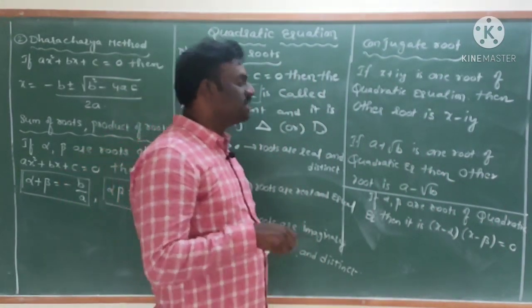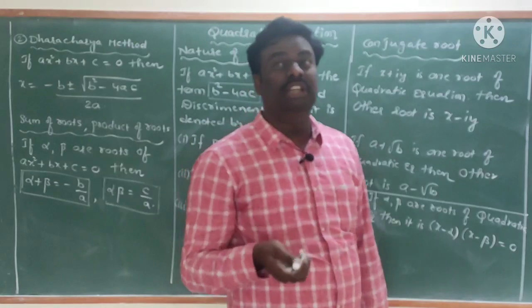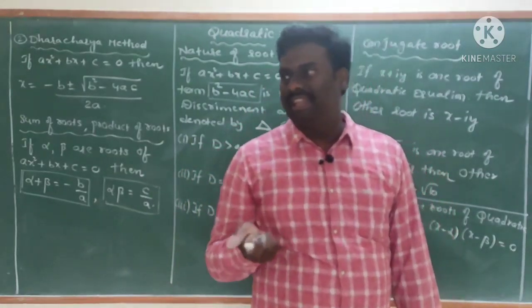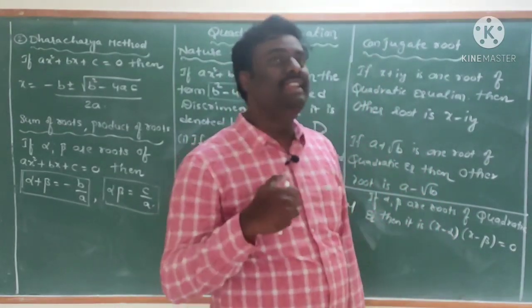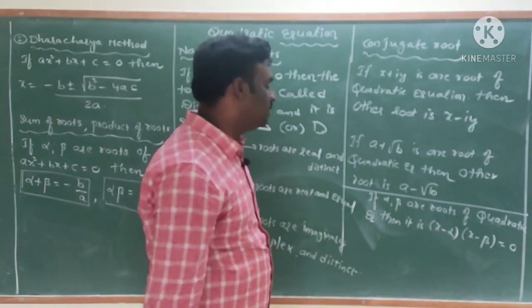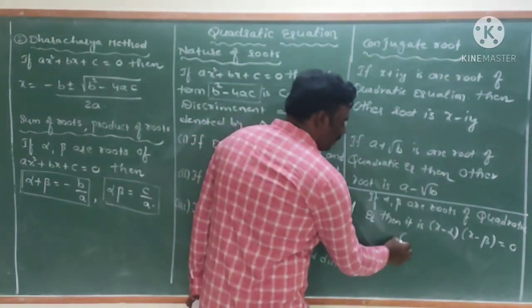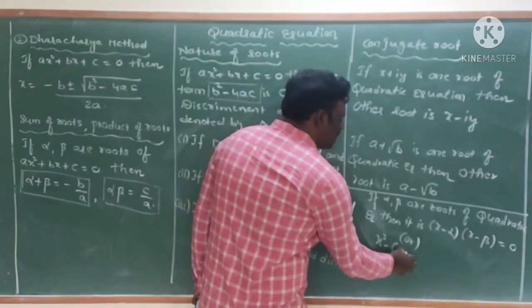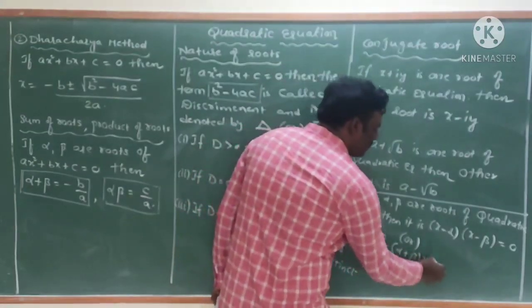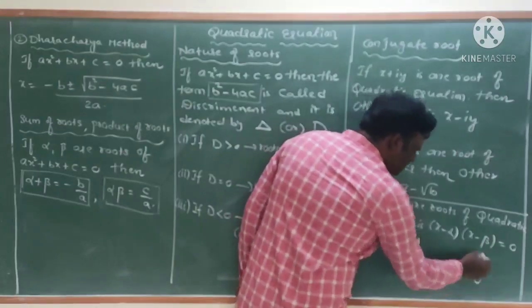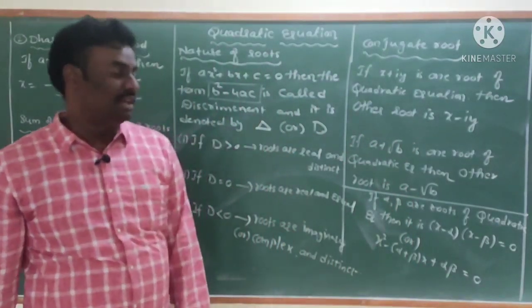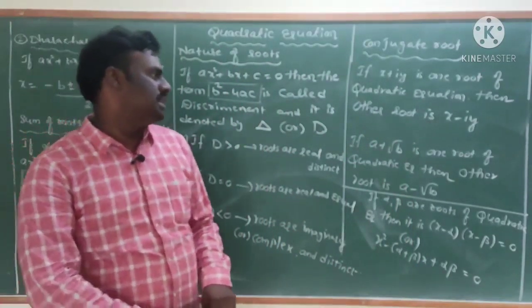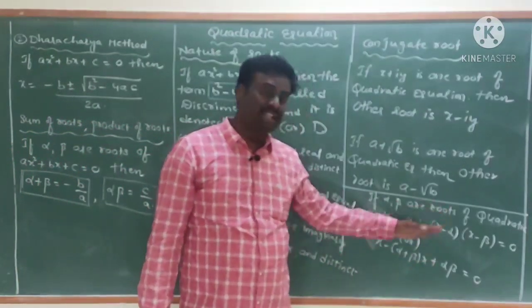So when we are using this formula, if you know the roots of a quadratic equation, then how to find the equation? In that case, we are using the formula, or we have one more formula for this, x square minus sum of roots into x plus product of roots equals to 0. It is also formula. So you can use either this formula or this formula, both are same.